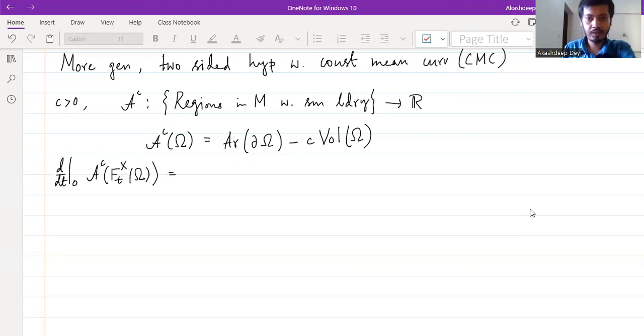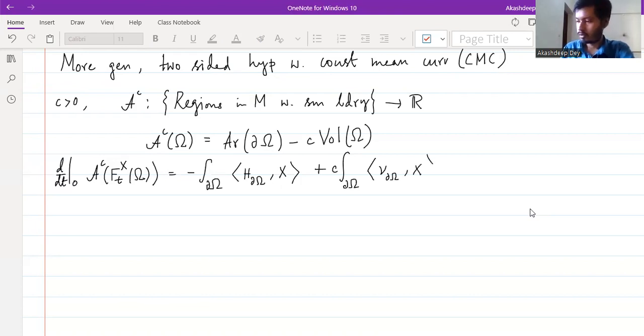The first term is area of the boundary of omega, which is same as before, and we get minus integral over the boundary of omega inner product the mean curvature of the boundary of omega comma X. And for the second term, we have c times integral over the boundary of omega of inner product nu comma X. The nu is the unit normal along the boundary of omega pointing inside omega.